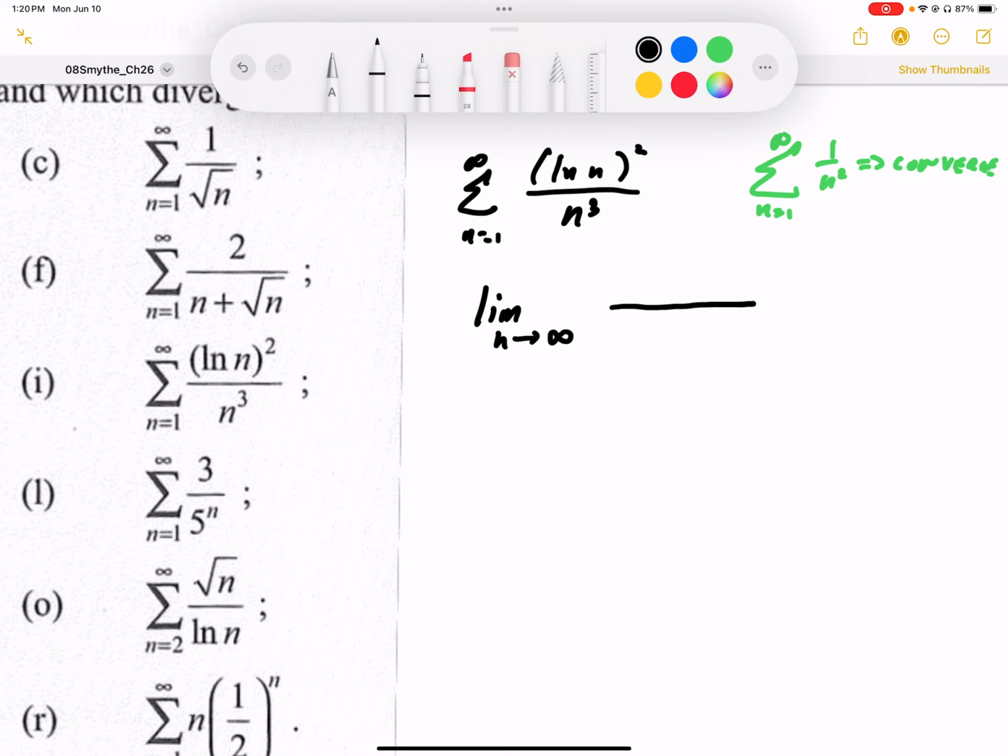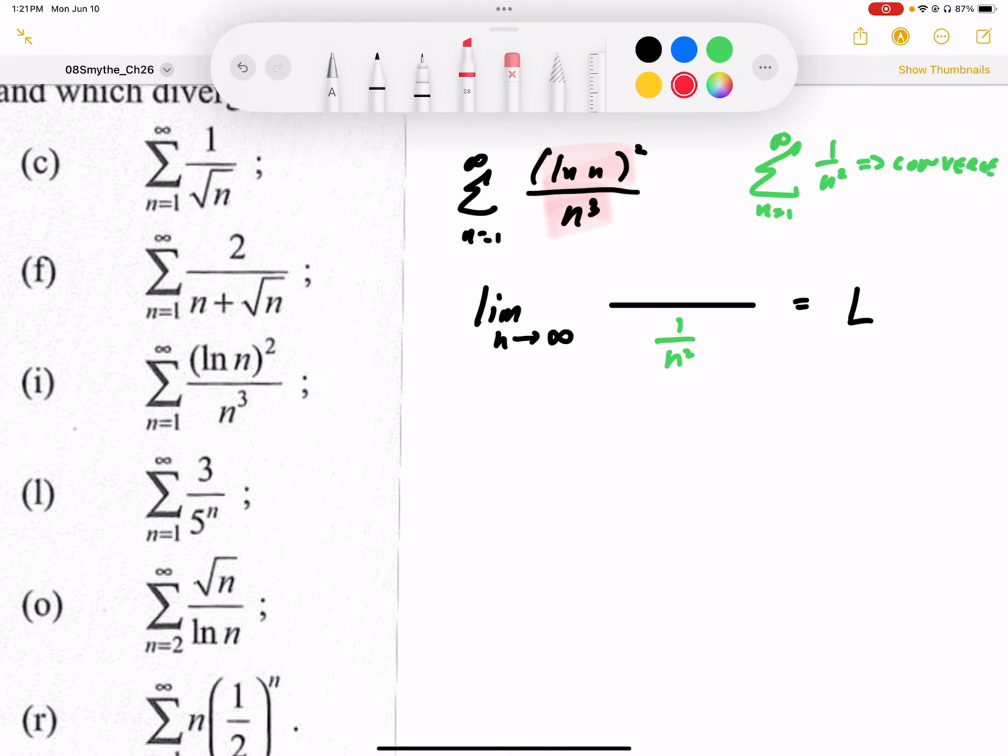What this limit comparison does is, if I compare it to this and I end up with an actual limit, and we're going to see this test a little bit later on, then I can say that the two functions behave the same.